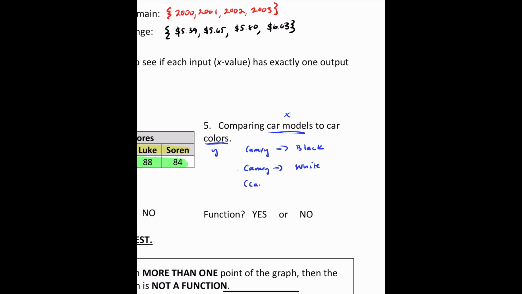So we have Camry black and Camry white. So this is our X, this is our Y, and this is our X, and this is our Y. So the X values repeat. So therefore, it's not a function.